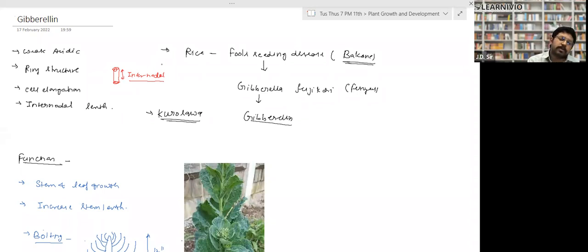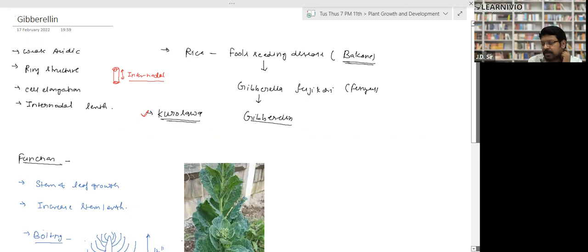One more important thing which I want to share with you: gibberellin was discovered by a farmer. The name of the farmer was Kurosawa, right? He saw that in rice there is a disease called Bakanae disease. Bakanae is a Japanese term; the English meaning is foolish seedling disease. What happened during this disease?